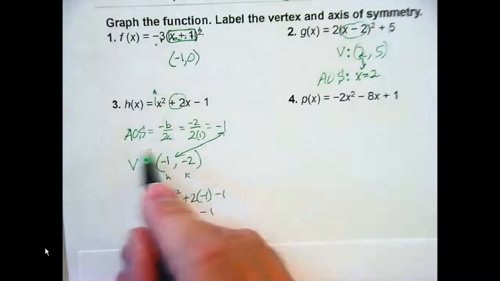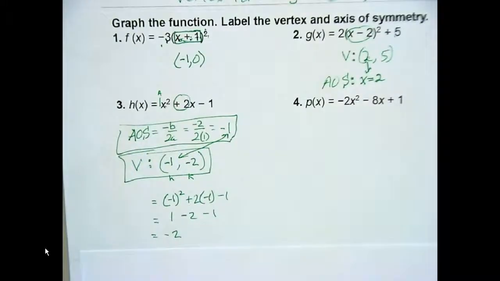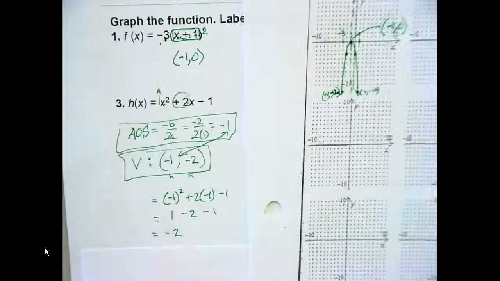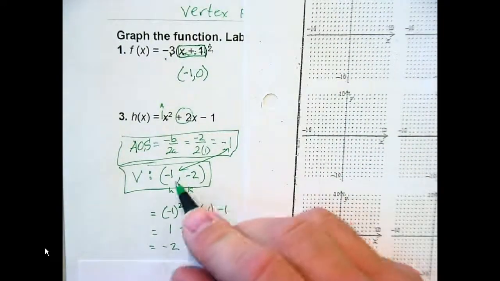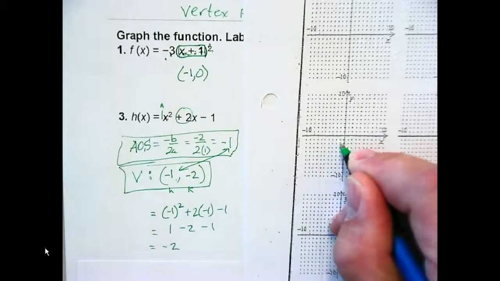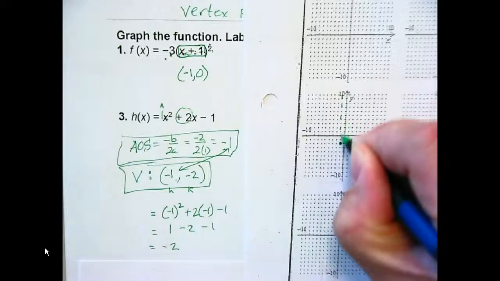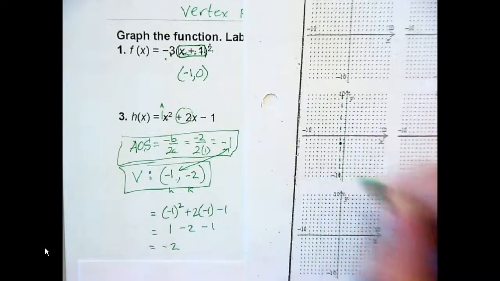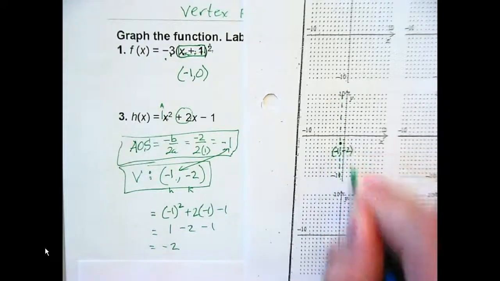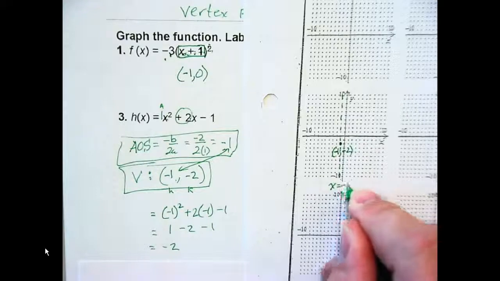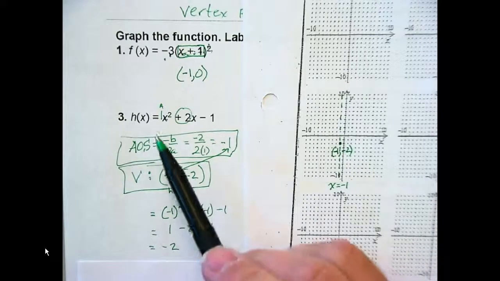Okay, so I have my vertex. I have my axis of symmetry. I can now graph it. Graphing it, not too bad. I just go in, I plot negative 1, negative 2. I draw in my axis of symmetry. I label both. And my A term is 1.